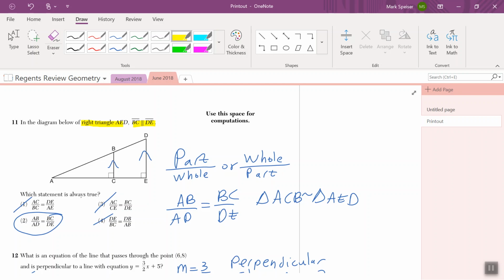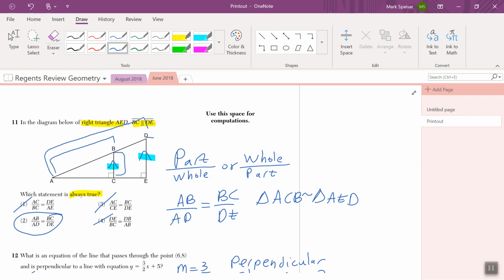Indicated in the diagram with those tick marks right here. Which statement is always true? Well, in this case, we're doing a part to whole ratio, or a whole to part ratio, because we're comparing two triangles with their parallel sides. So AB to AD is part to whole.